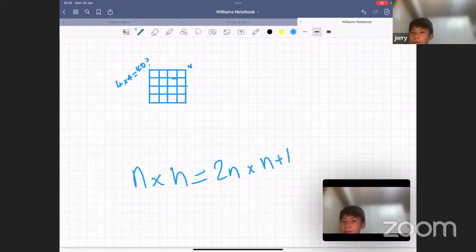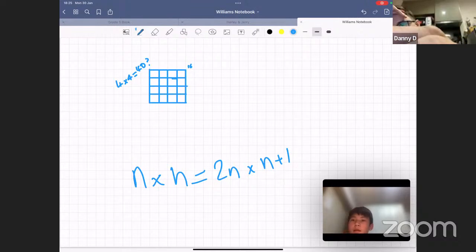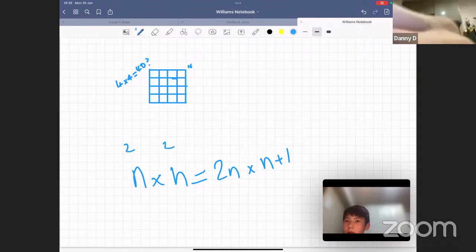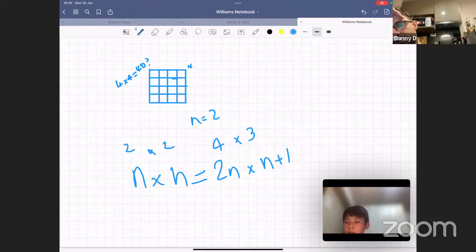Wait, no. So if n equals 2, then it's 2 times 2 equals 4, times n plus 1 equals 3.